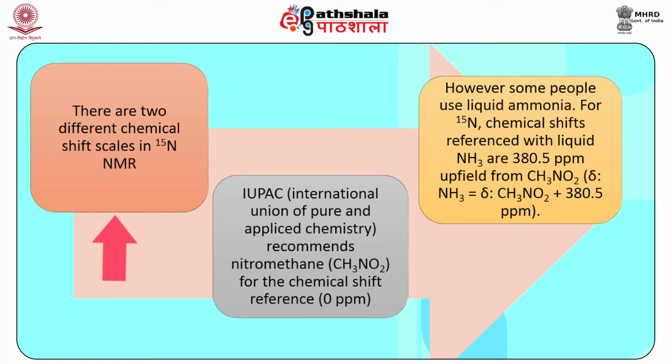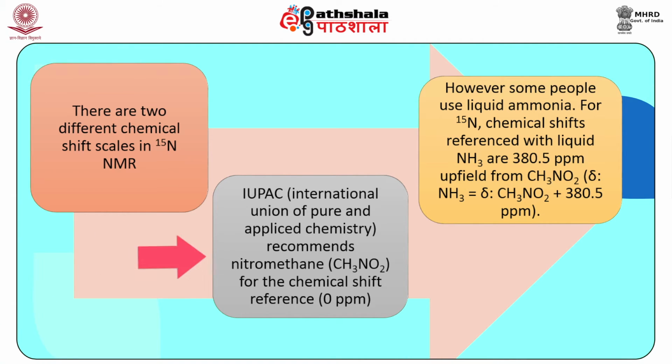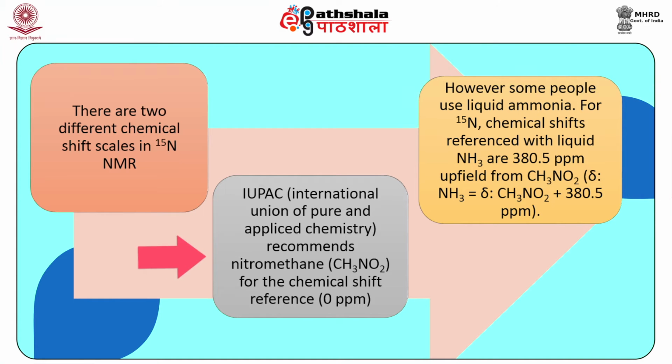There are two different types of chemical shift scales in 15N NMR. IUPAC, that is International Union for Pure and Applied Chemistry, recommends nitromethane as the chemical shift reference, and its value, just like TMS in the proton and carbon spectra, is set to 0 ppm.